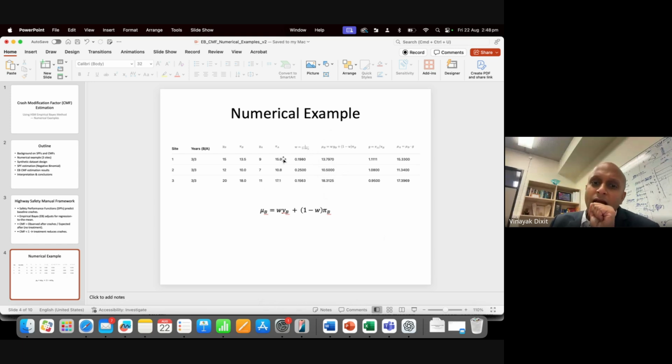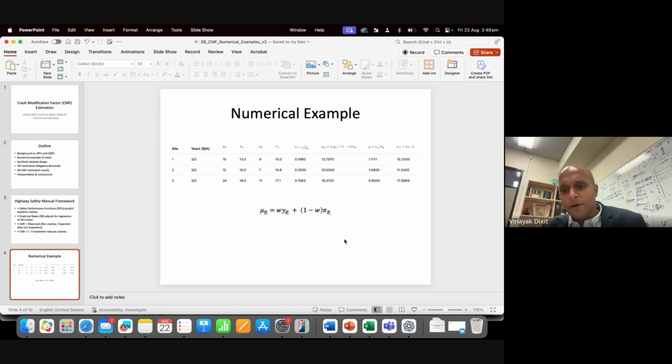Now, similarly, using the same safety performance function, I find my pi A, which are the predicted values. The ratio of these two is called G. Based on that, I can get my expected.